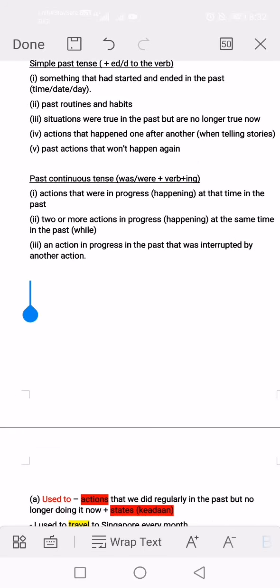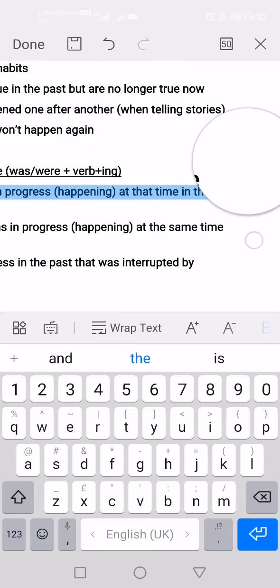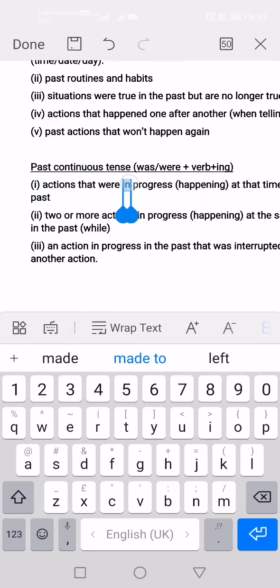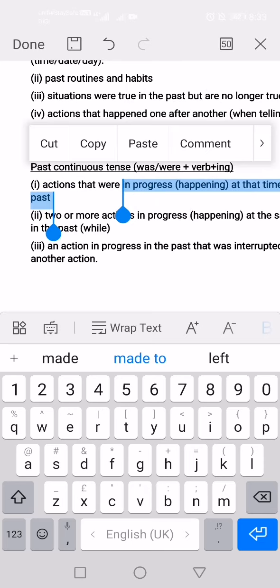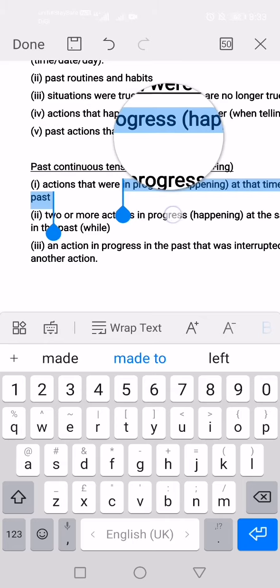Okay, so let's look at the first rule. The first rule says, actions that were in progress at the time in the past. What is the meaning of in progress? In progress means tengah berlaku, 正在发生. Write down the meaning.